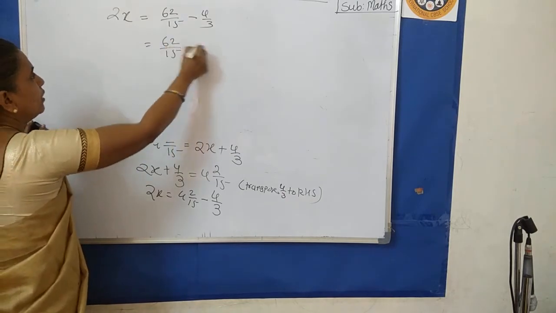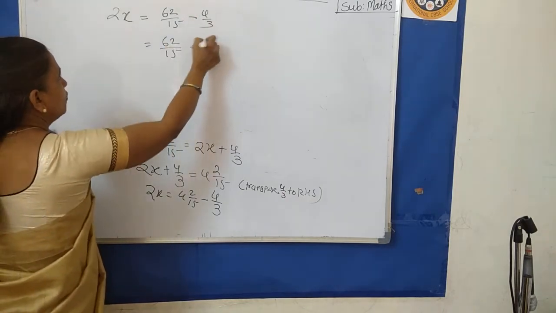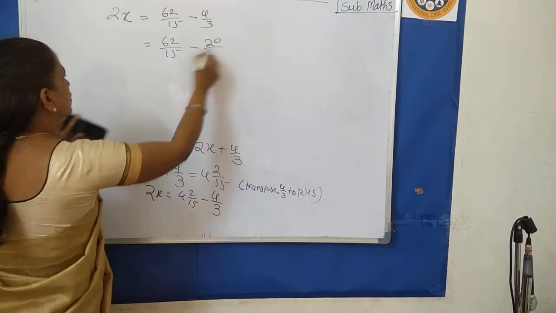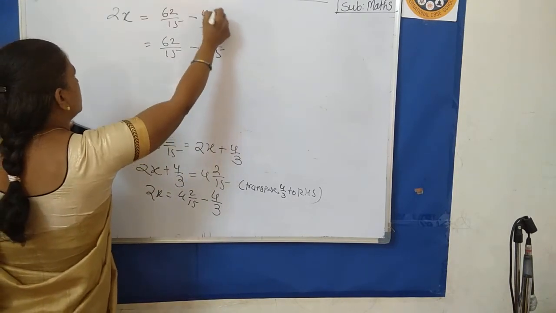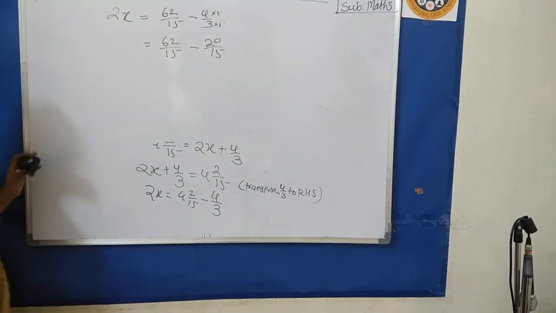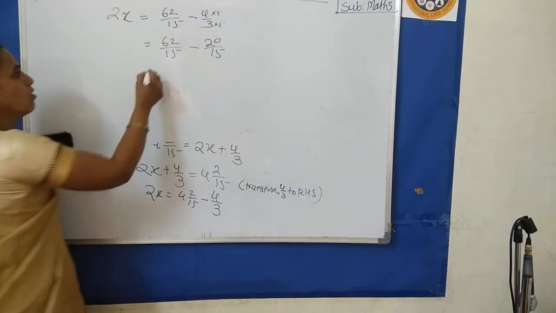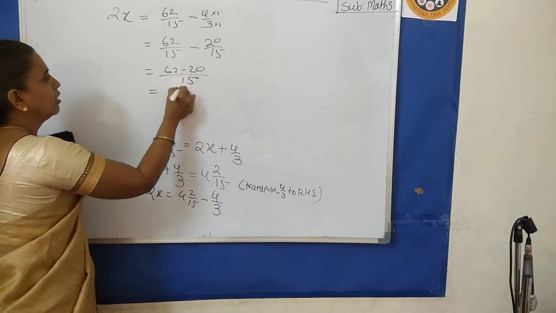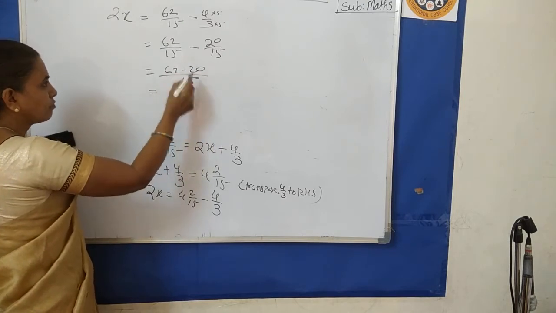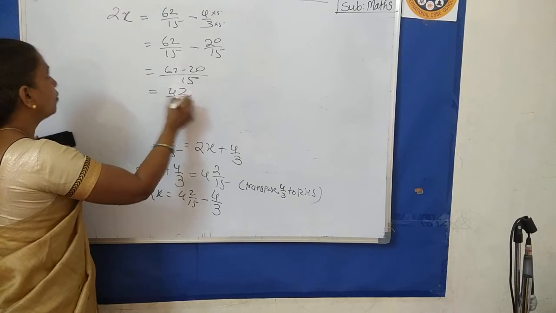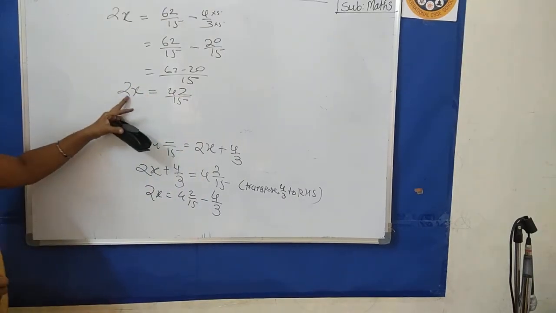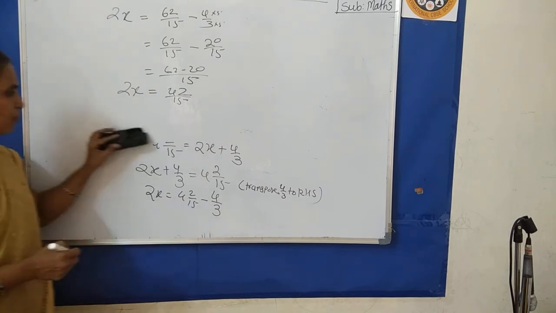For 4/3, 3 fives are 15, 4 fives are 20, so 20 upon 15. Here we multiply and divide by 5. So we get 62 minus 20 upon 15, that is equal to 42 upon 15. Hence we got the equation 2x is equal to 42 upon 15.